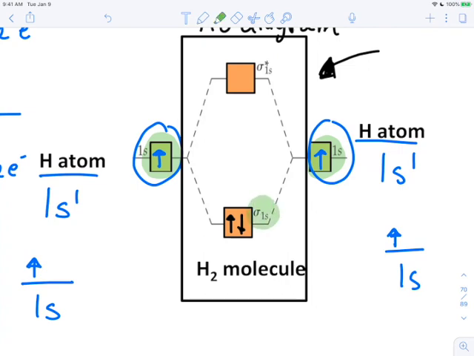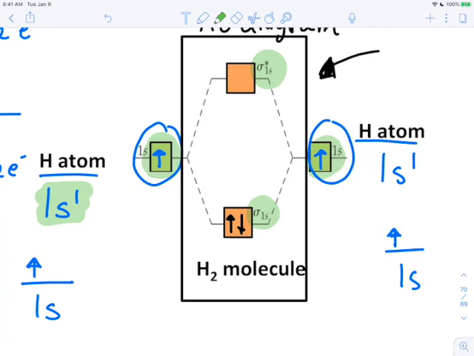But I've told you before that whenever we have two orbitals that are combining, we always get two out. So that means we need two types of the sigma 1s. They are both direct overlaps. They both came from the 1s because each hydrogen atom was a 1s1. But they're different.